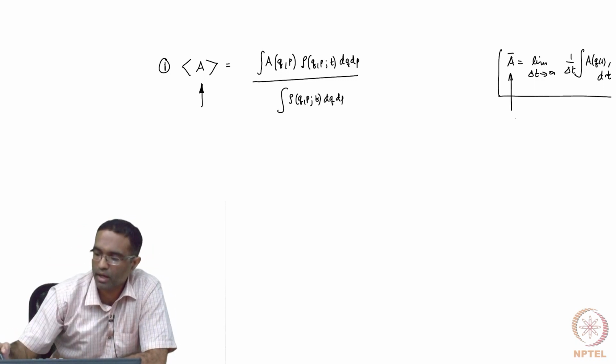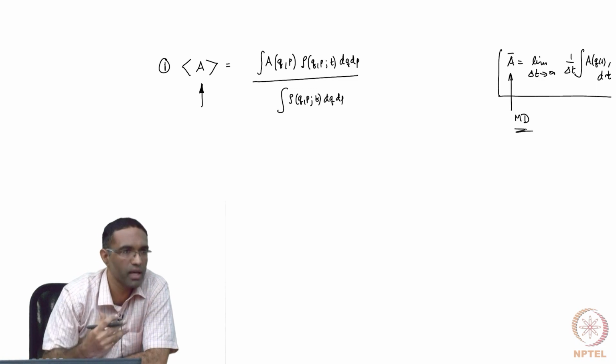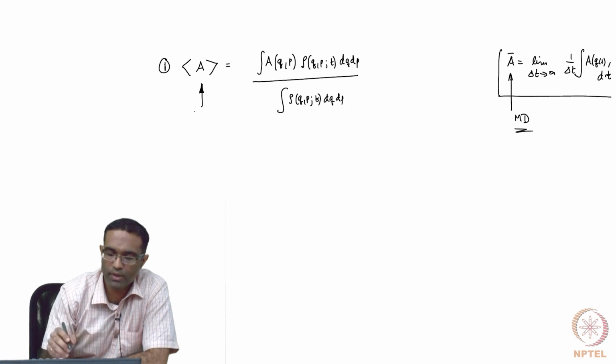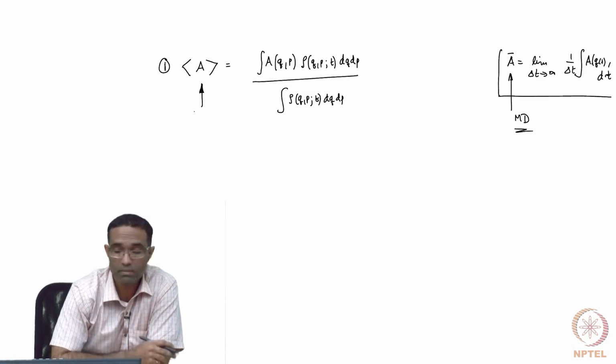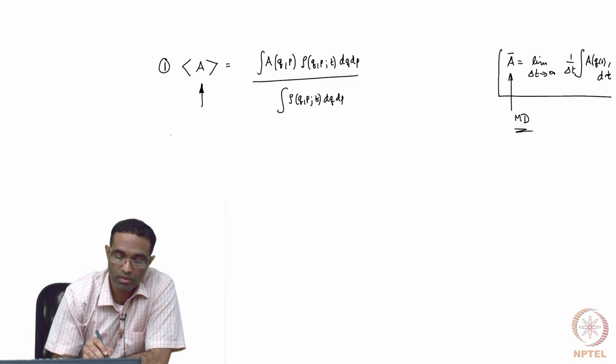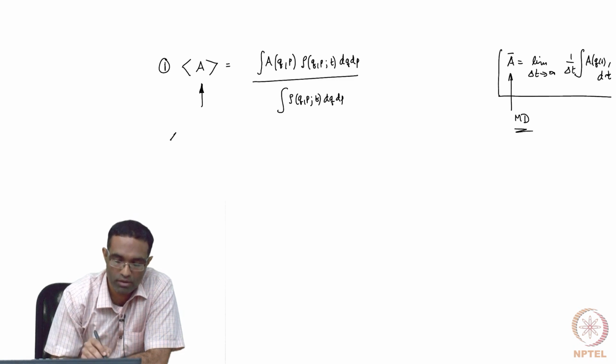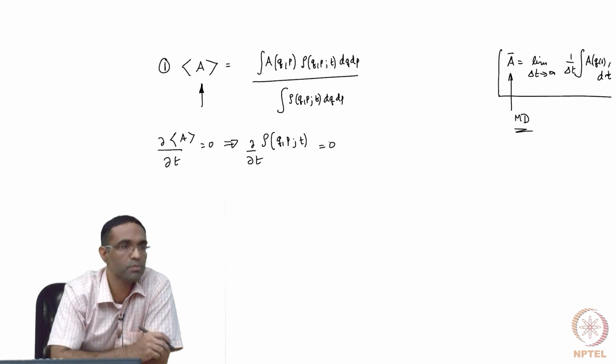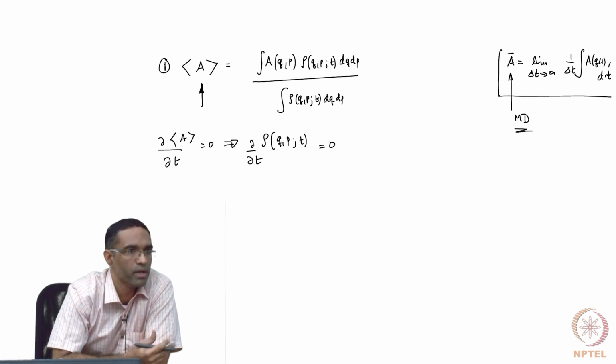In molecular dynamics simulations we generally use the time average, but in statistical mechanics we generally talk about the phase average. Now this phase average gives additional useful information. Primarily, we said that if the average of A has to be independent of time, then it implicitly implies that this density function rho should not be explicitly dependent on time.